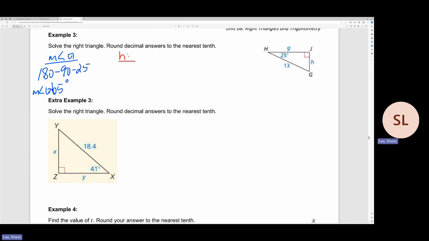I know my hypotenuse, so we're going to use sine of 25 degrees equals H over 13. 13 times sine 25 equals H, and H is going to equal 5.5. Easy enough.